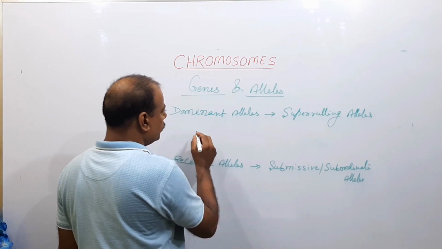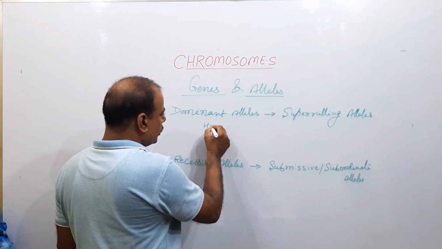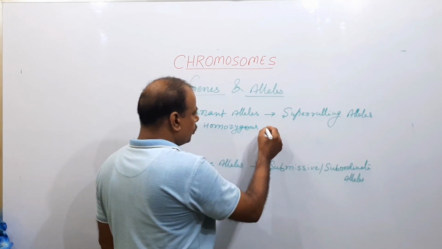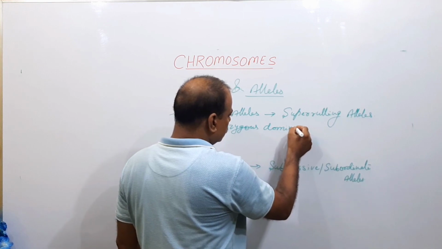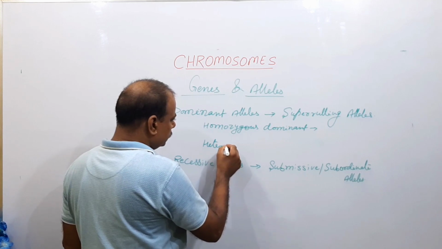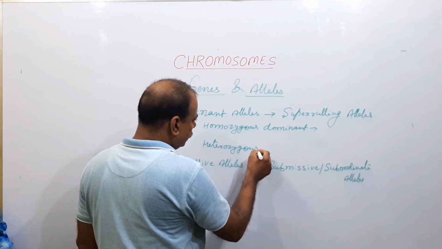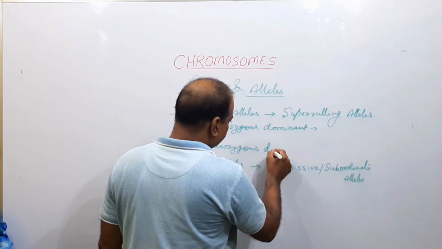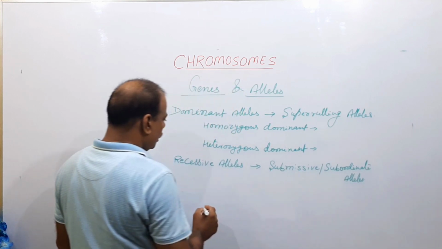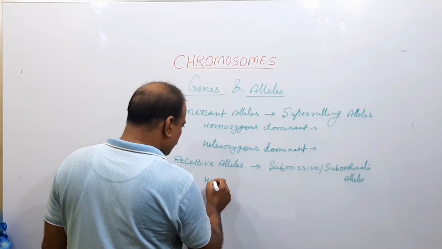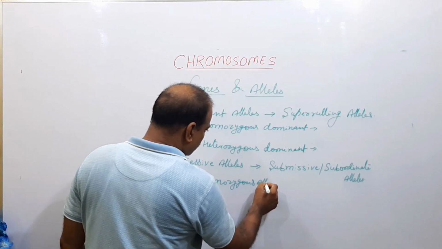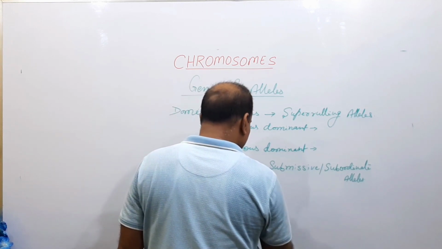There are two types of dominant alleles: homozygous dominant and second, heterozygous dominant. Again, there is homozygous recessive.